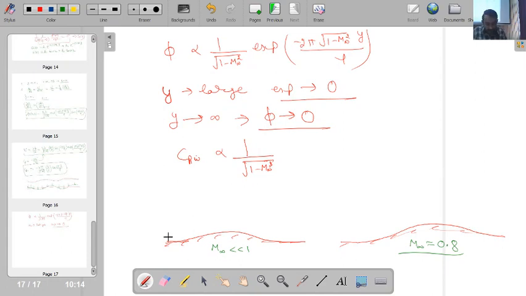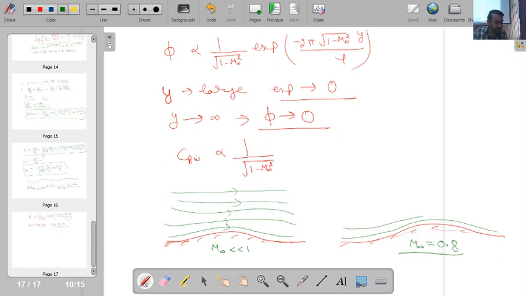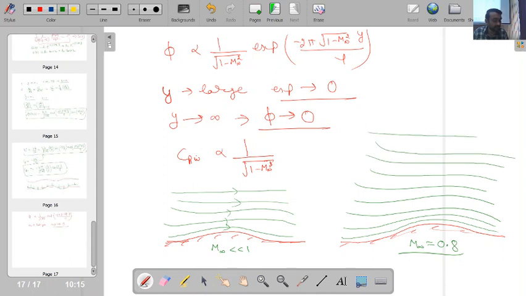Physically you will find that if your flow was reaching somewhere over here disturbance free, in this case it will take more spatial coordinate to become disturbance free. So if you are increasing the Mach number, that will keep on increasing the region in y up to which its influence will be felt.